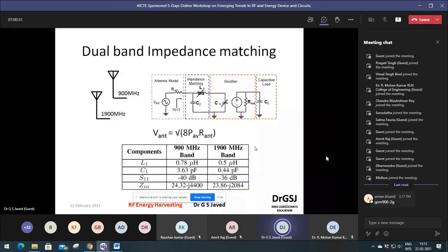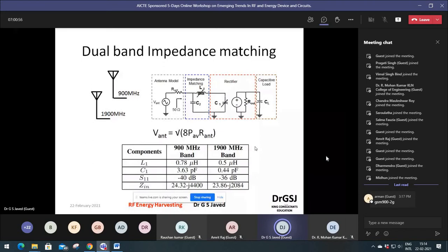The equivalent information for the best possible tuning was obtained using these components L1, C1, and what are the S11 and Zin for that. For the 900 megahertz band, we used 0.78 microhenry, whereas for 1900 megahertz, we used 0.5 microhenry.